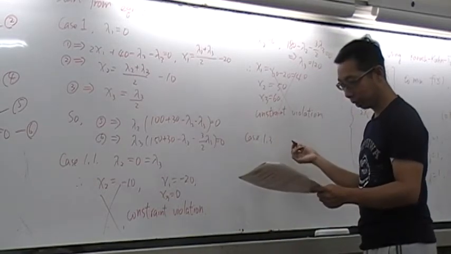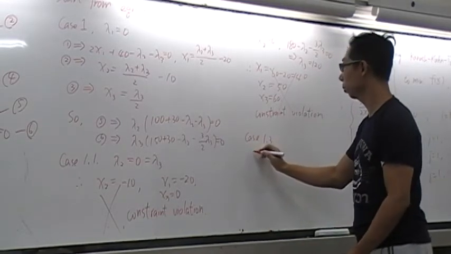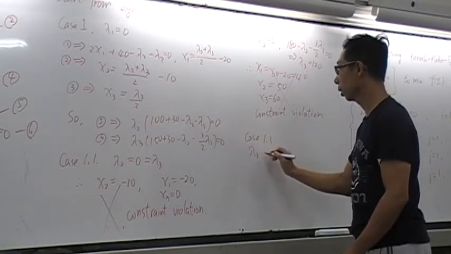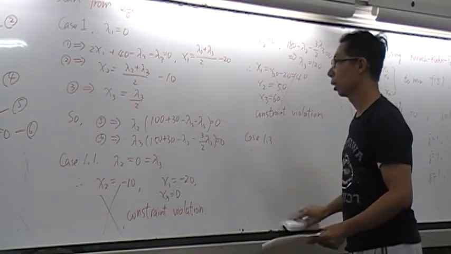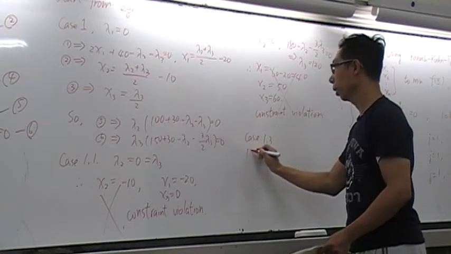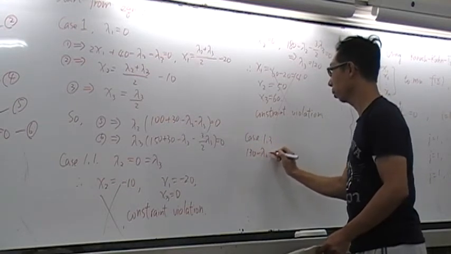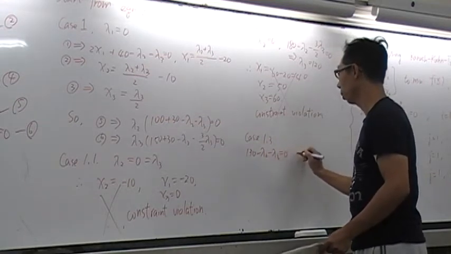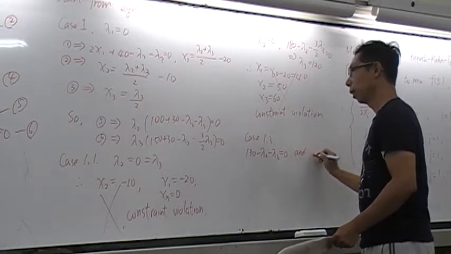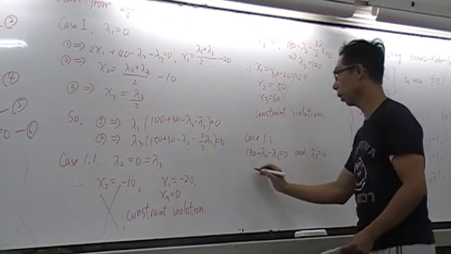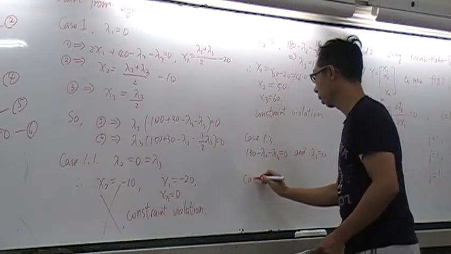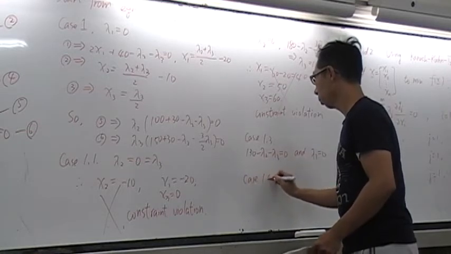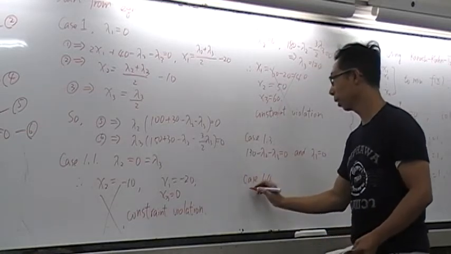Very similarly, case 1.3, let's say we have 130 minus lambda 2 minus lambda 3 equals 0, and lambda 3 equals 0, okay? And case 1.4 is what?